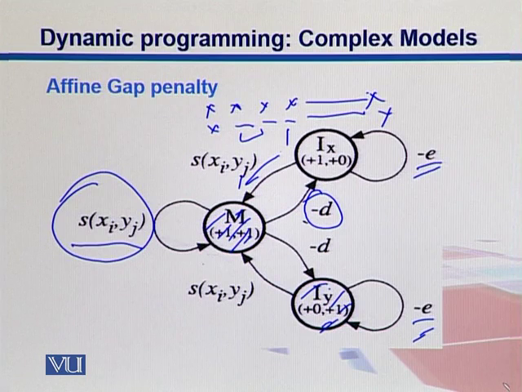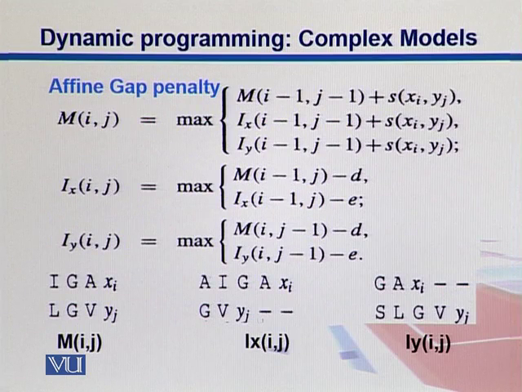The drivers of these states are these scoring systems: the situation where we get a match or a mismatch, or the situation where we get gaps starting or gaps continuing, coupled with their respective penalties.